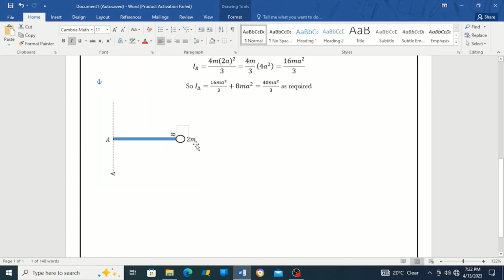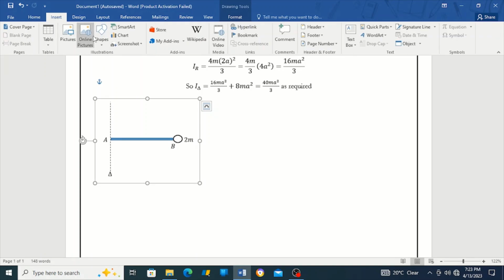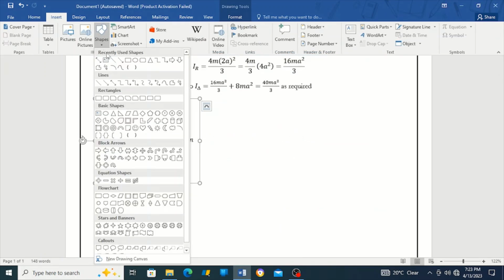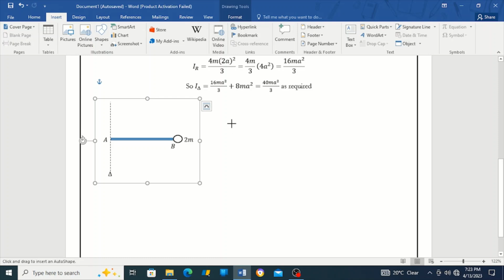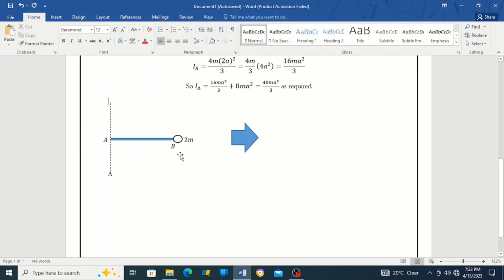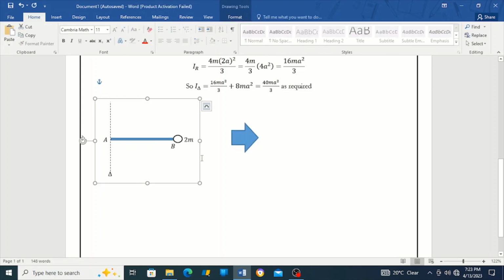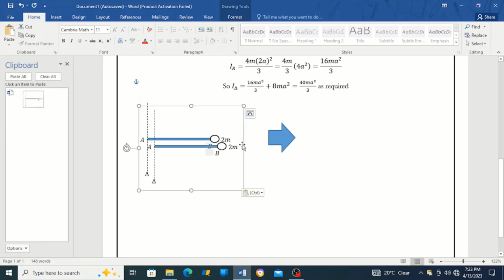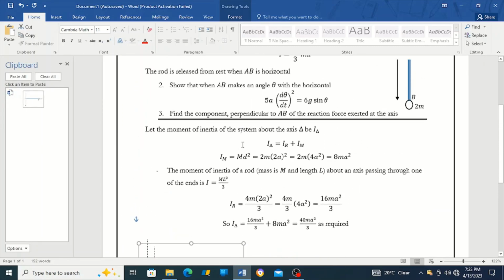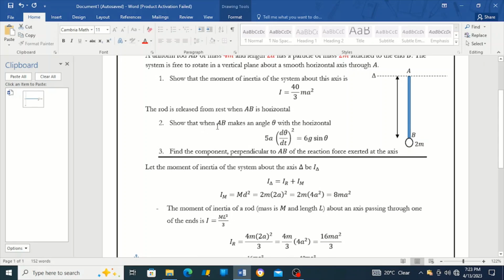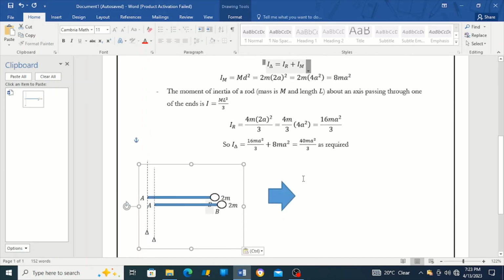So the mass is 2m, and then you have the NB as well. Now what happens is that the rod is horizontal, and then this transforms to this new shape. Now in this new shape, the rod is released when AB is horizontal, and obviously AB makes an angle of theta with the horizontal.